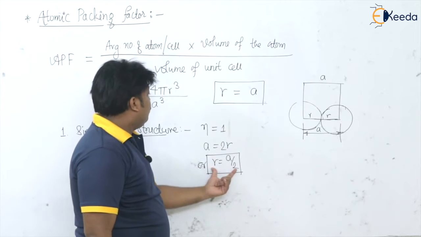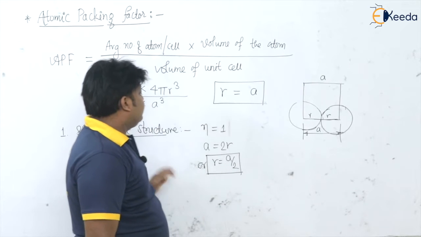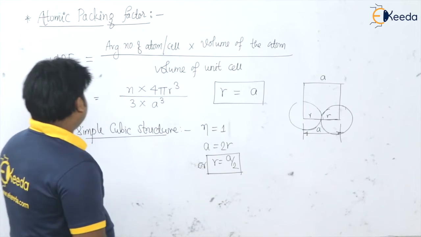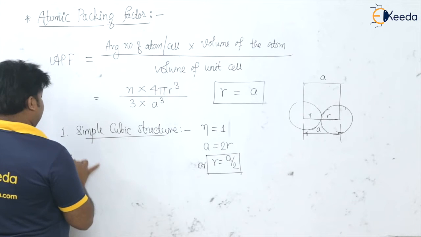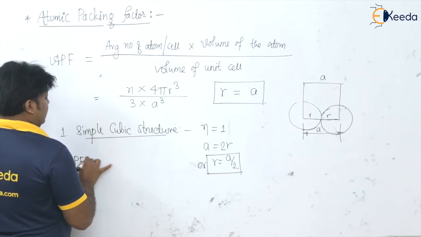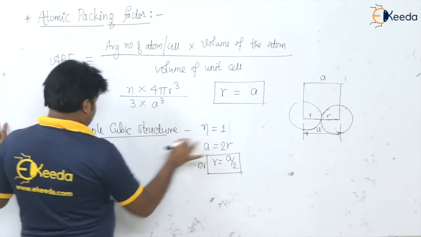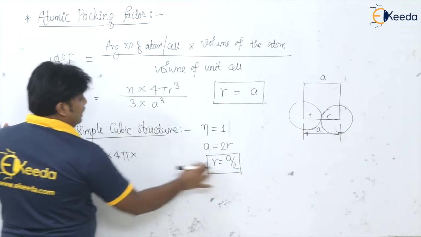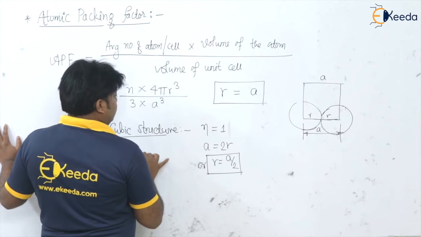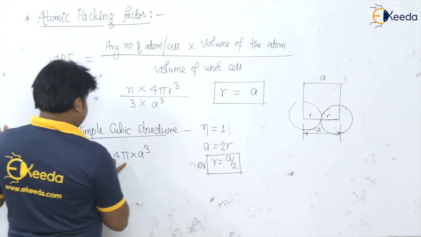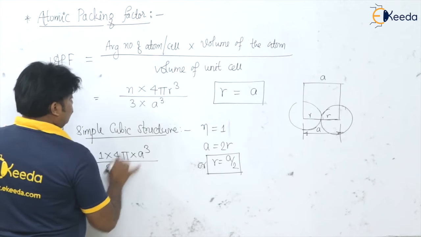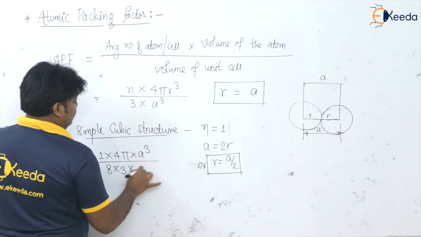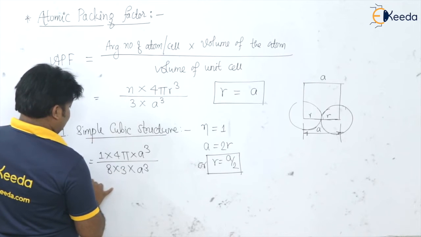Now put this value here for R, that is A by 2, and calculate the atomic packing factor for this simple cubic structure. You will get N is how much? 1 into 4 pi into R is what? A by 2, that is A cube by 8 into divided by, say, this 3 into A cube. So what we got here?